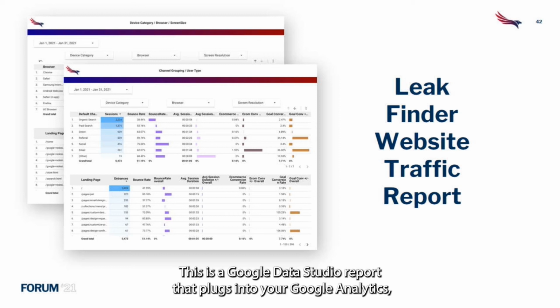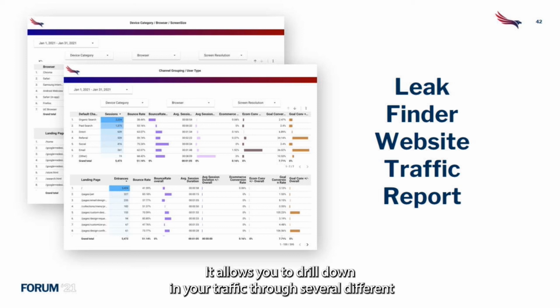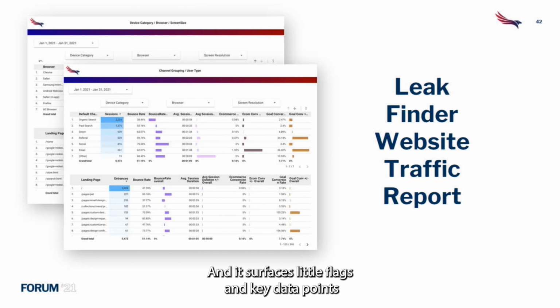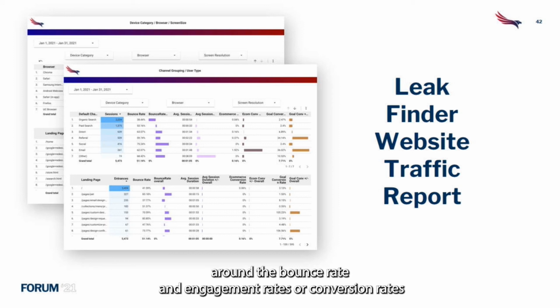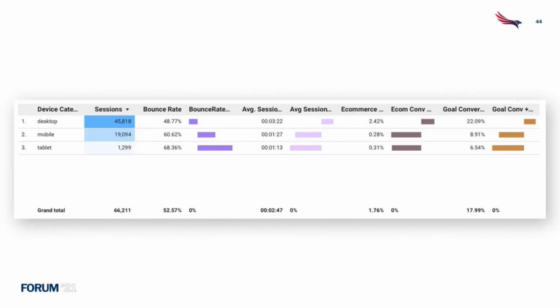This is a Google Data Studio report that plugs into your Google Analytics, and it's got a couple of pages and a number of tables. It allows you to drill down in your traffic through several different segments and several different kinds of groups, either new or returning, or by device segment, or by the channels that we saw. And it surfaces little flags and key data points around the bounce rate and engagement rates or conversion rates for each of these different segments that you can drill down into.